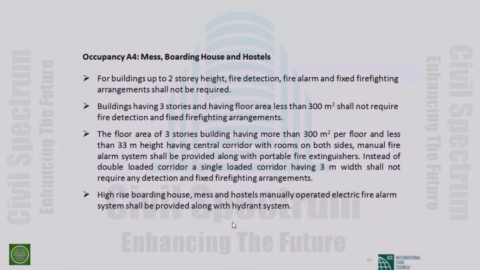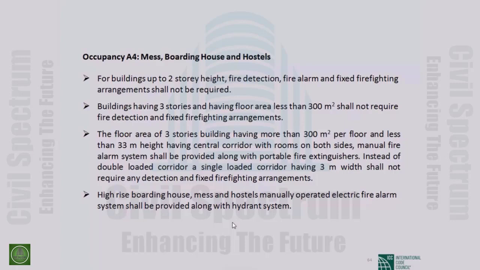For occupancy A4, mass boarding houses up to 2-story height, fire detection, fire alarm, firefighting arrangement shall not be required. If the building has 3 stories and floor area less than 300 meter square, it shall not require fire detection and fire extinguishing arrangement.